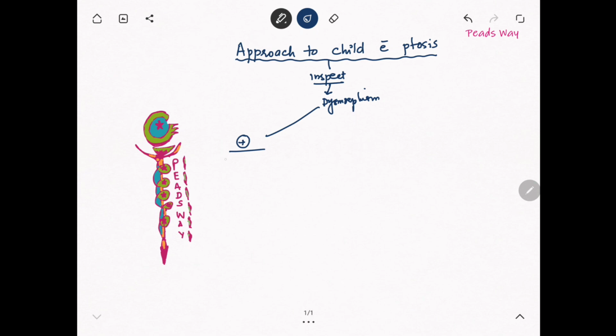You will be having Noonan syndrome, Smith-Lemli-Opitz, and number third, we have Rubinstein.